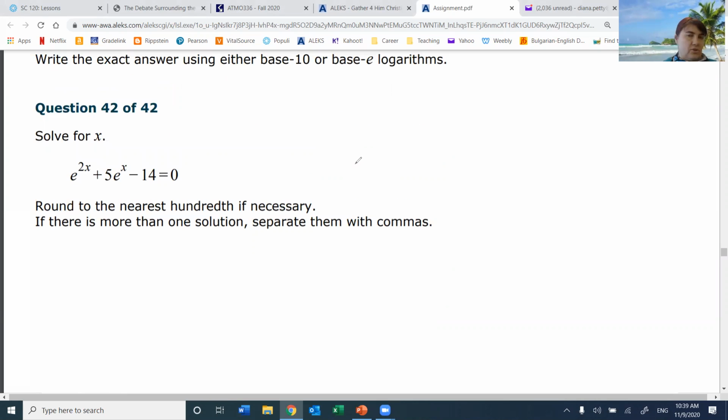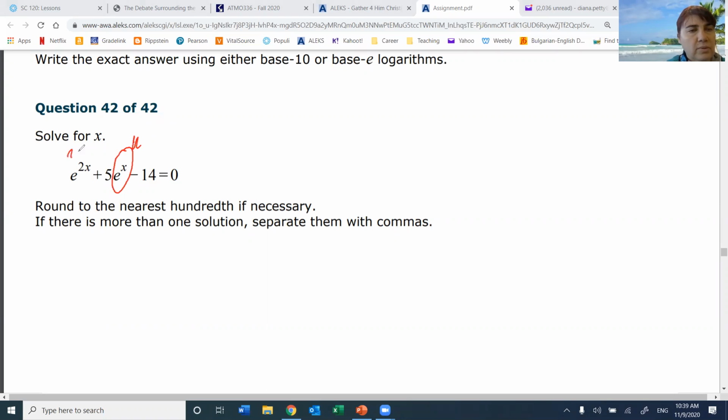Let's see. This is the hardest type of problem. Oh, it's okay. So you need to substitute something, because we're going to substitute this, right? So we got this u.